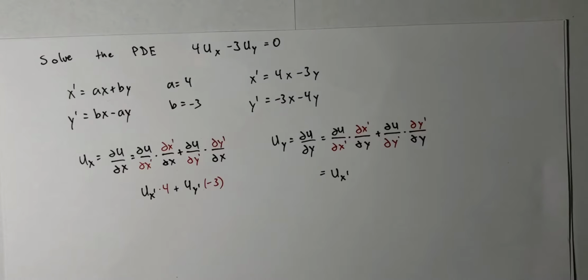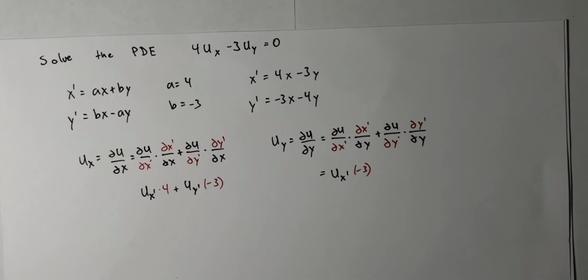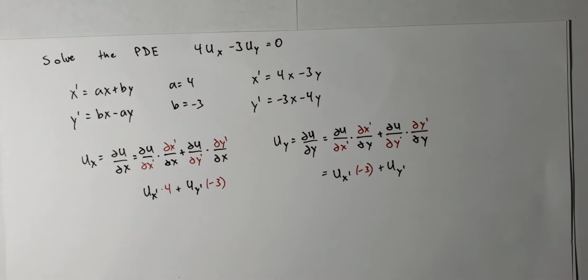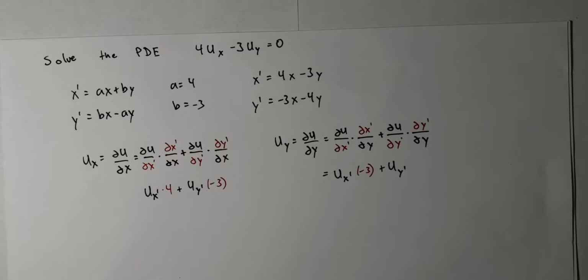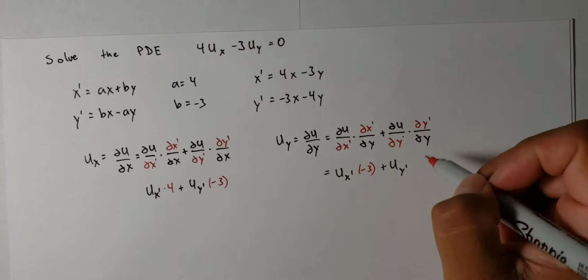Derivative of x prime with respect to y is going to be a -3, and y prime with respect to y is going to be a -4.